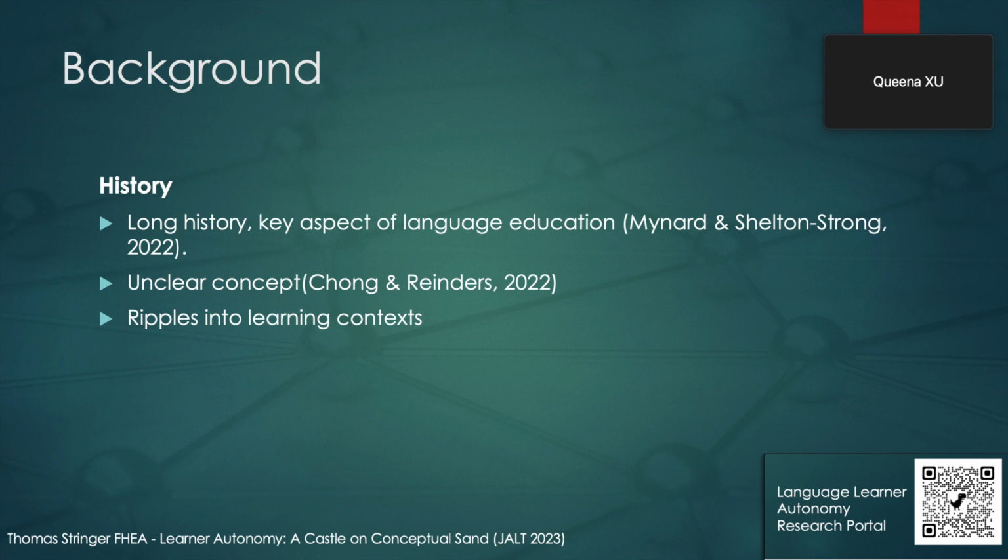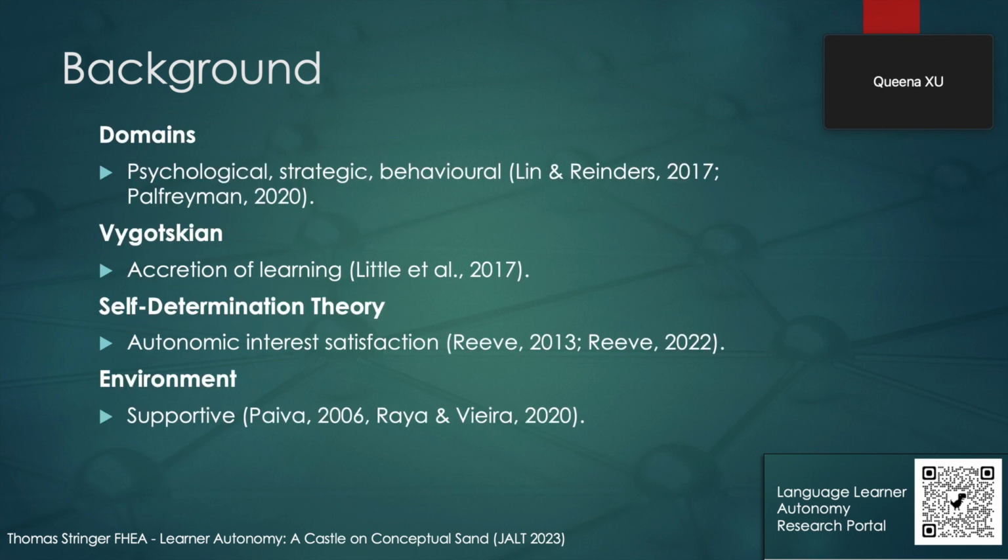That can have ripple effects onwards, both into research, which makes it hard to research, to measure, or even to decide if measurement is necessary, and also into practice, into teaching as well. So it might be hard for teachers to know whether autonomy should be something they prioritize, and if so, how they should do it.